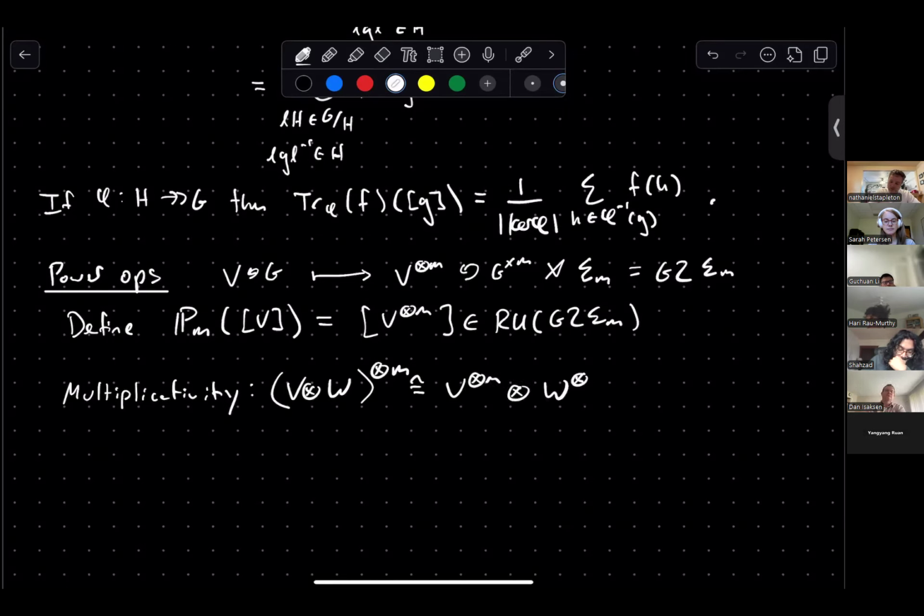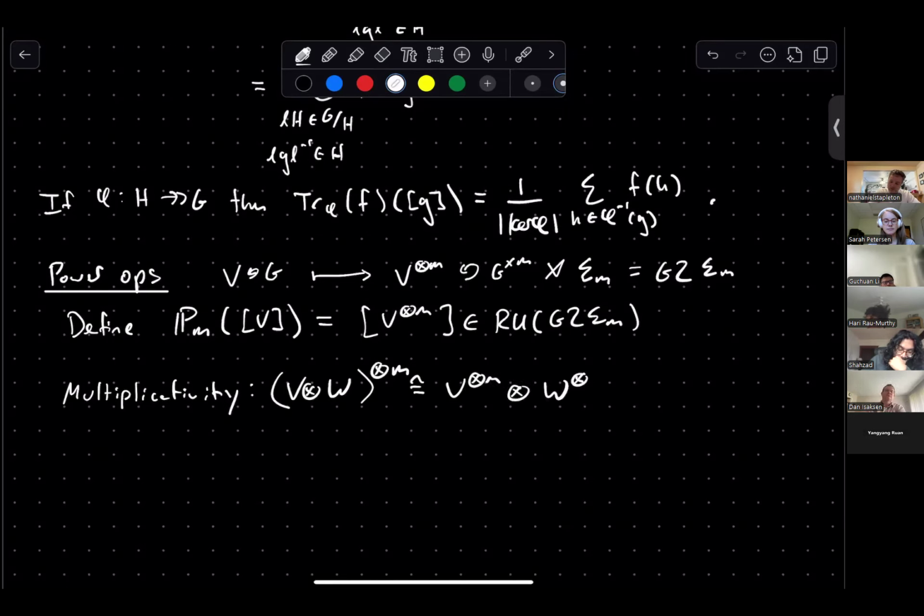And so this implies that P_n is multiplicative. But since we're raising things to powers, you really should not expect things to be additive. So let's have a discussion about additivity. I'll write additivity fails, so it's clear that we don't mean to show that it's additive.